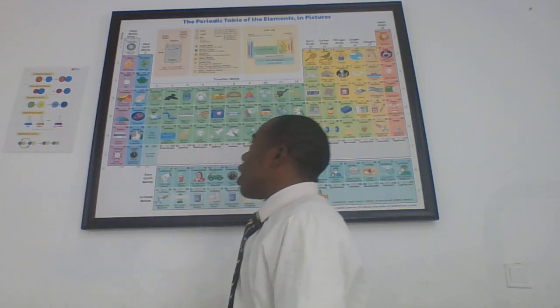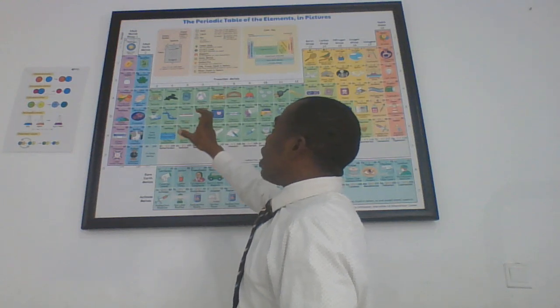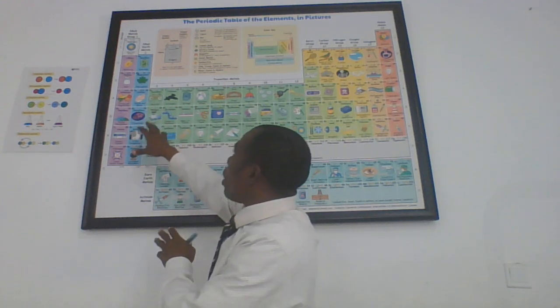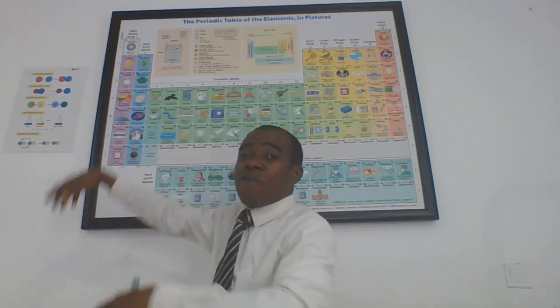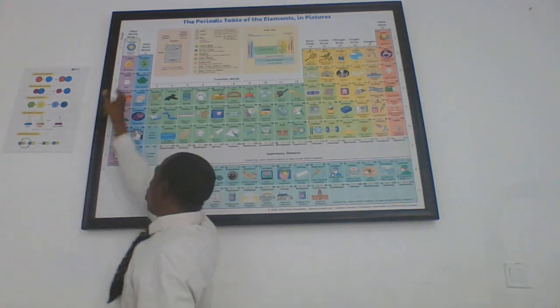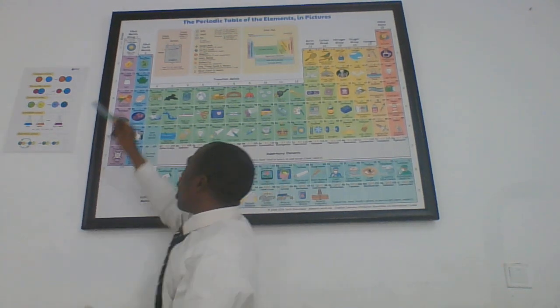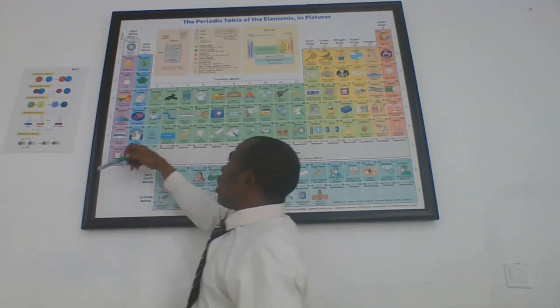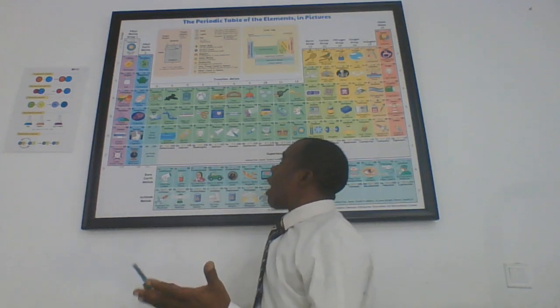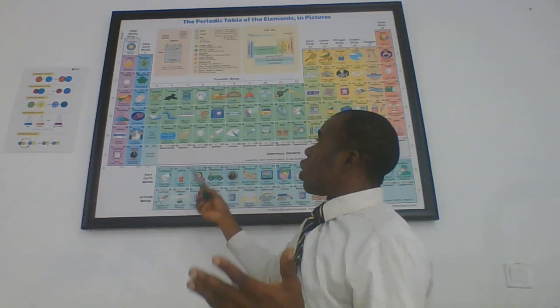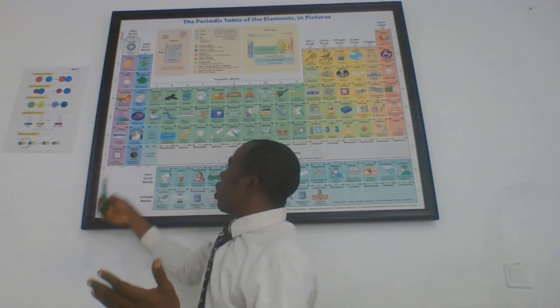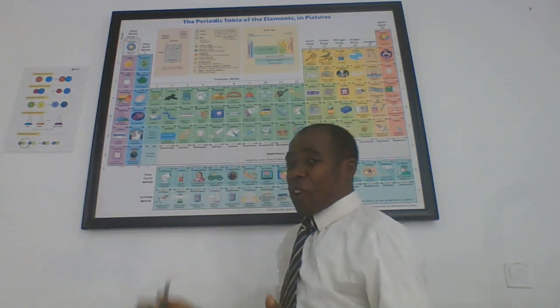Like I said, a group shows the vertical arrangement, from top to bottom, in the periodic table. So in group one, we have the elements lithium, sodium, potassium, rubidium, cesium, and francium.